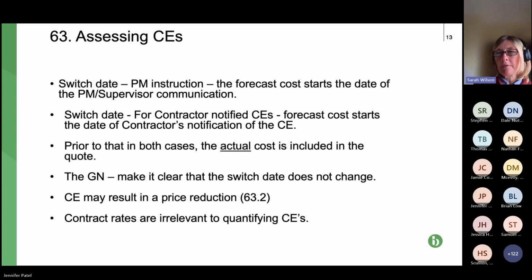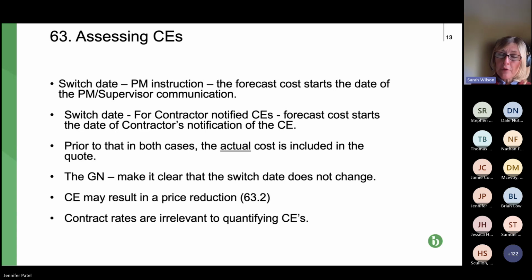But if it leaves it for 8 weeks and then issues it at the very last moment, the forecast cost starts from then. All the work done from today's date up until issuing that notice for that 8-week period is done on the basis of the actual cost incurred by the contractor.